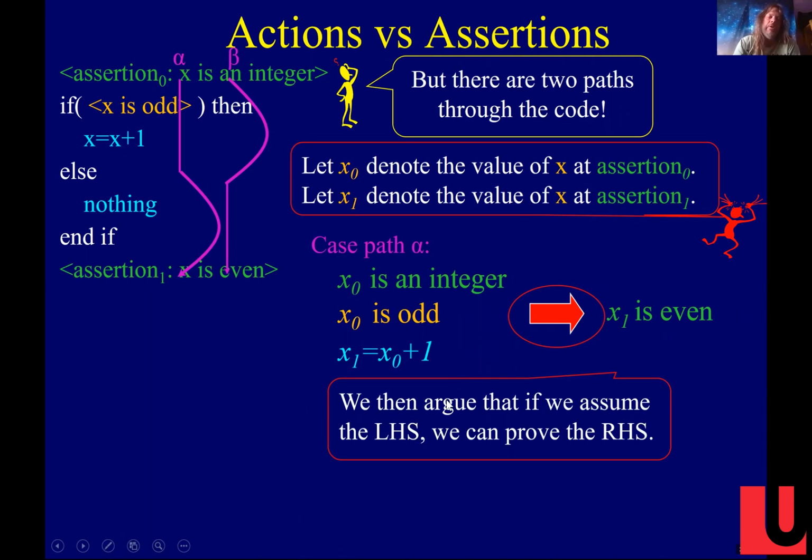You need to write here enough to convince the TA that you know what's going on, right? And I'm not going to write anything right here. I'm going to just say, hey, if x is an integer and x is odd, and I add 1 to it, then it's going to become even, right? That's the level of math we're going to be doing here, right?